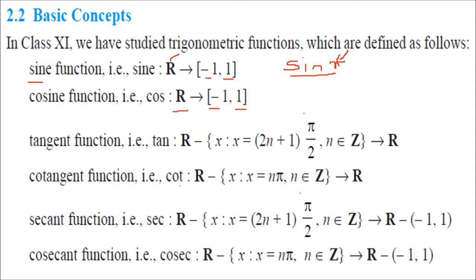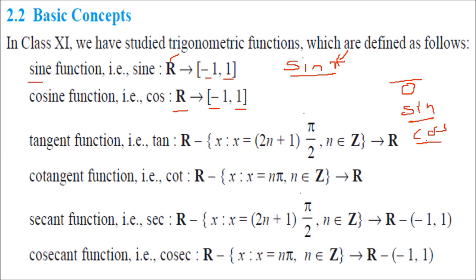Now for the tangent function, because tan is sine by cos, in this whole chapter and in mathematics also, you have to understand that we will never allow denominator 0. Denominator 0 is never acceptable.